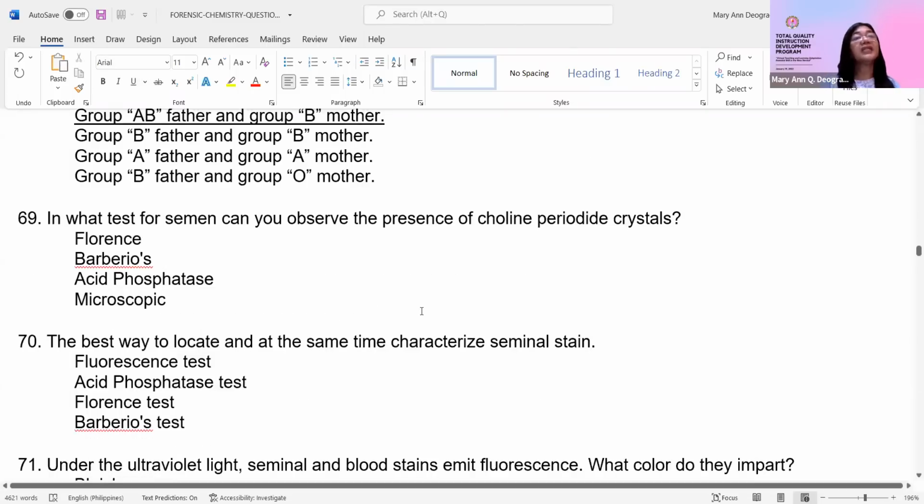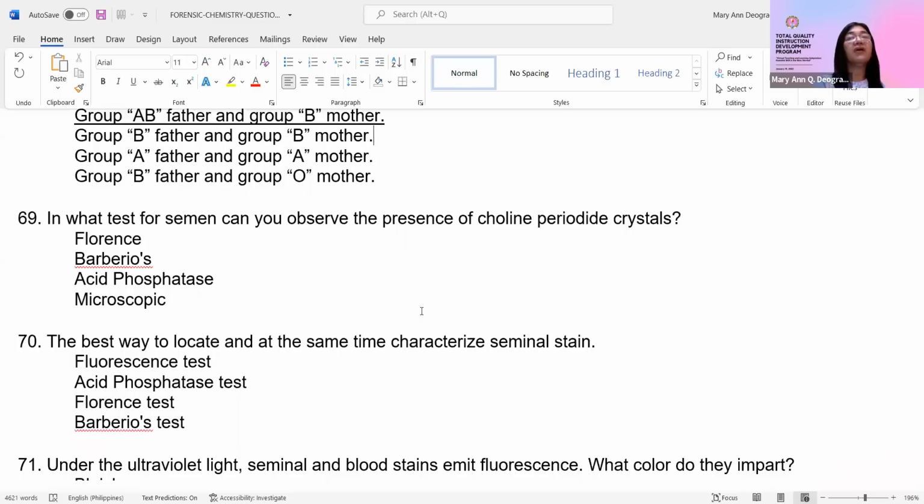Alright, in what test for semen can you observe the presence of choline per iodide crystals? A. Florence, B. Barberio, C. Acid phosphatase test, D. Microscopic. Answer, it's A. Letter A, yan sagot.